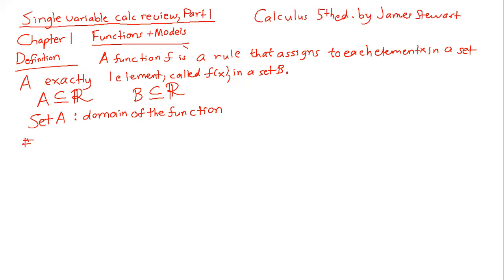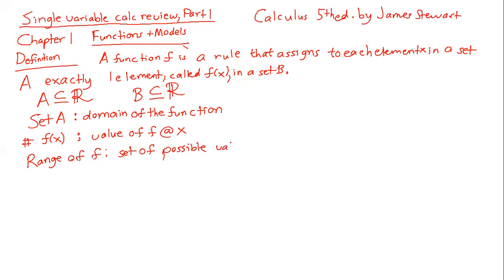When we write a number as f of x, it is the value of f at x. The range of f is the set of possible values of f of x as x varies throughout its domain.